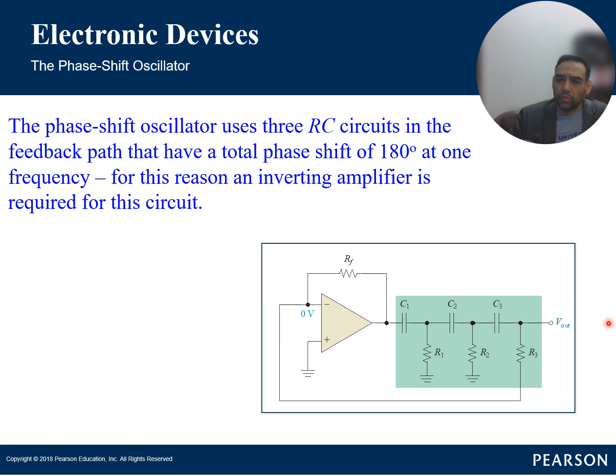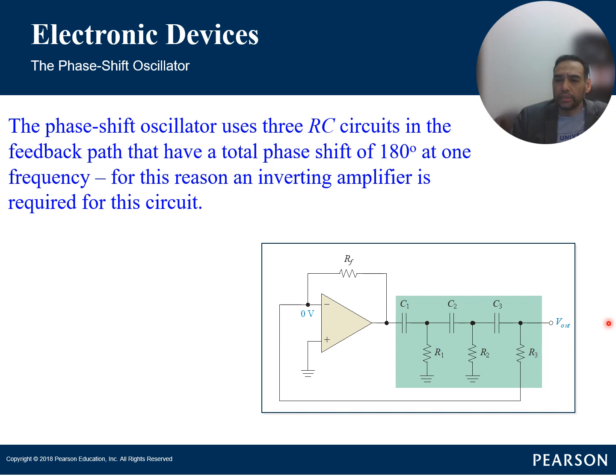So the phase shift oscillator is used widely in applications that require a very steady sinusoidal signal. Again, audio oscillators are a good application for this, as are tone generators and frequency synthesizers.